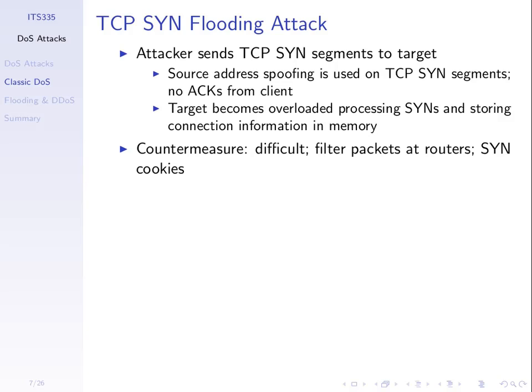But if the source address was a fake address, that SYN ACK response goes to someone else and there's never going to be a final ACK coming back. So what happens at the target web server or the target computer, it becomes overloaded processing SYNs and storing connection information. Every one it receives, it allocates a little bit of memory, and if it receives millions per second, then it allocates a lot of memory, and therefore no more memory will be allowed for the subsequent SYN messages.